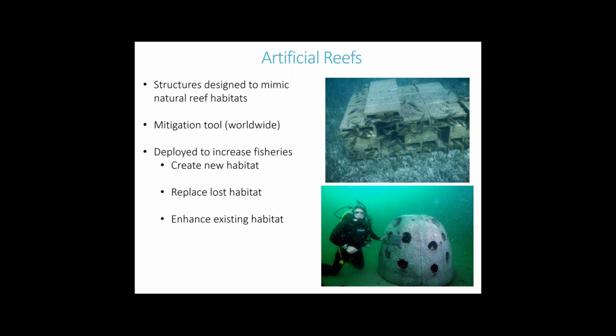They're primarily deployed to increase fisheries, either to create new habitat, replace lost habitat, usually the replacing of lost habitat is through some anthropogenic modification that has occurred in various regions, or also to enhance existing habitat.